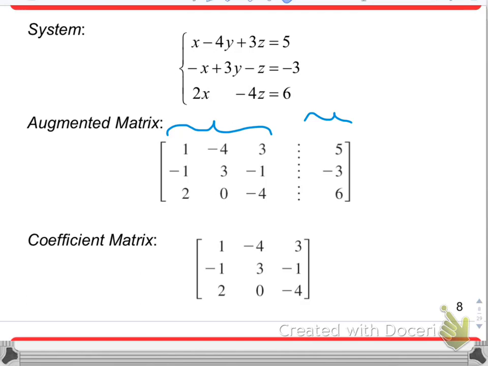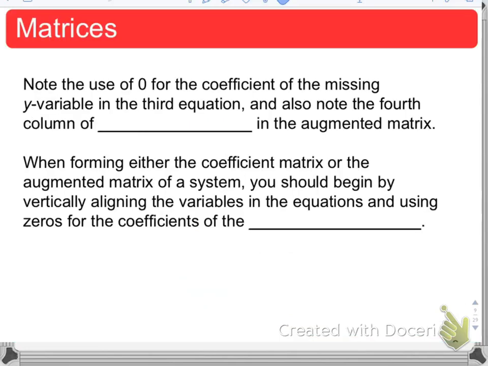We call this an augmented matrix. But if we just look at the coefficients of each of the equations, then that's a coefficient matrix. So you have an augmented matrix and a coefficient matrix.